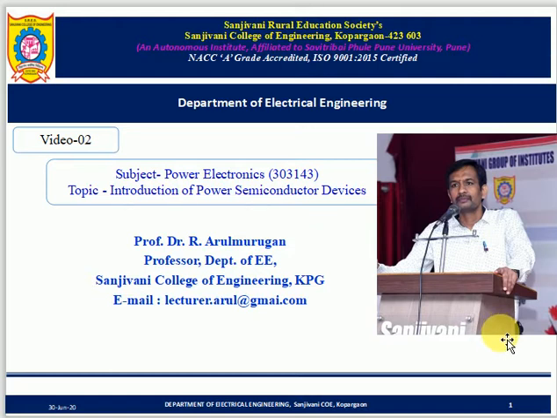Actually in unit number 1, we are going to learn the introduction of the power semiconductor device. This video will explain why you want to study power electronics, because you should clearly know the introduction of power semiconductor devices with respect to conversions.